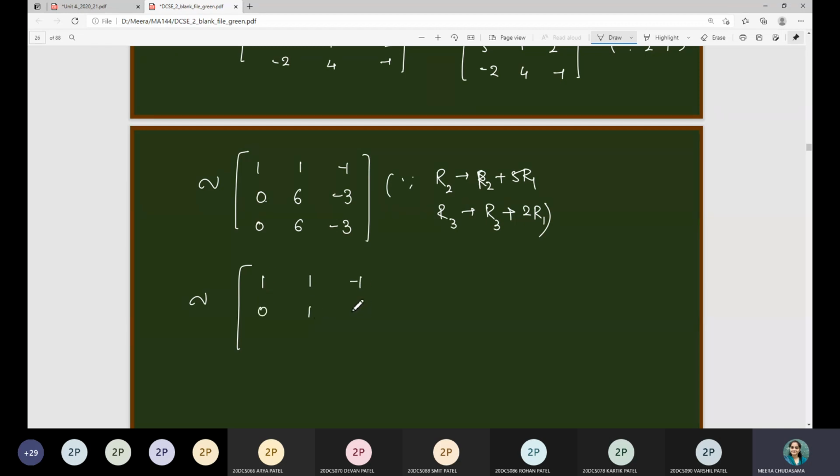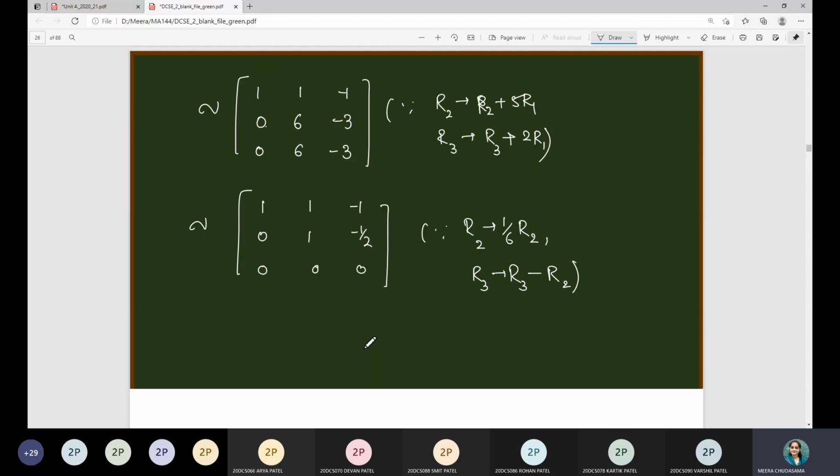I will make this 1, so this will become 1 by 6 R2, and on R3 I will consider the row operation R3 minus R2, right? So this will become 0, 0, 0.